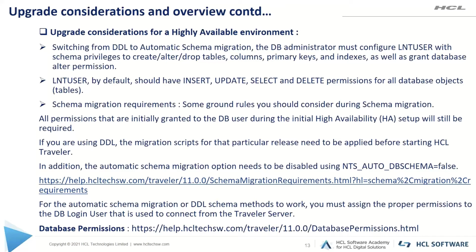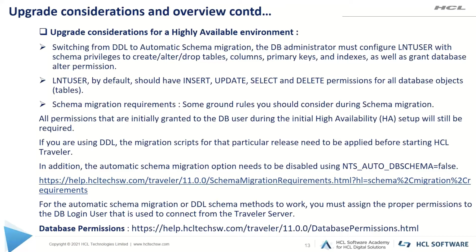There are some ground rules which you should consider when you are planning for schema migration. HCL Traveler automatically migrates the schema to the latest level whenever it performs an upgrade, if that upgrade has a schema migration. This is basically because NTS_AUTO_DB_SCHEMA is set to true by default. In case you are managing it manually, then this parameter will be set to false.